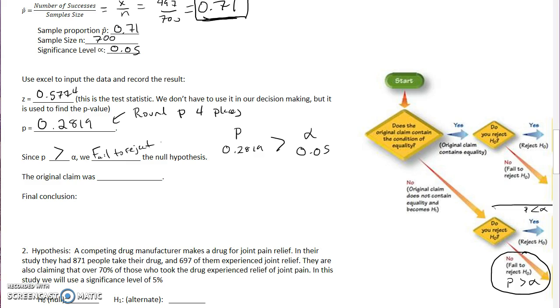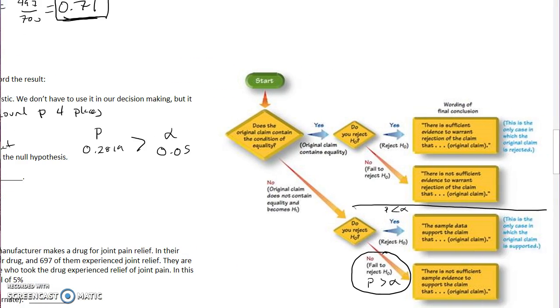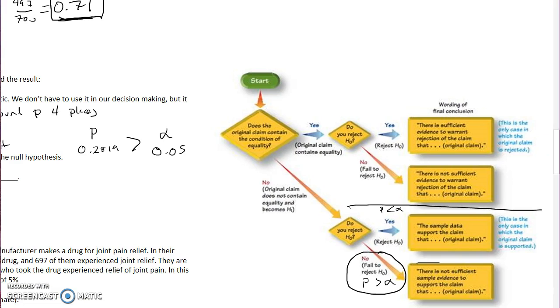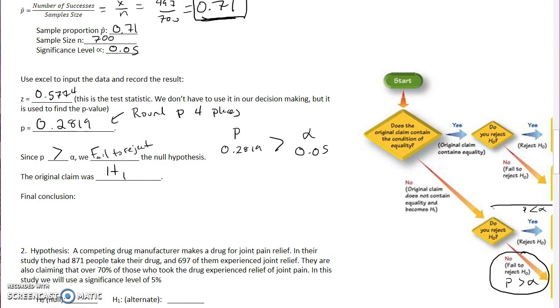So since our original claim was H1, again, it's nice to go over here and take a look. You can't use this for tests or quizzes, but while you're getting used to it, this is how we're going to state our claim. We're going to say there's not sufficient sample evidence to support the claim that, and then we need to write the claim.